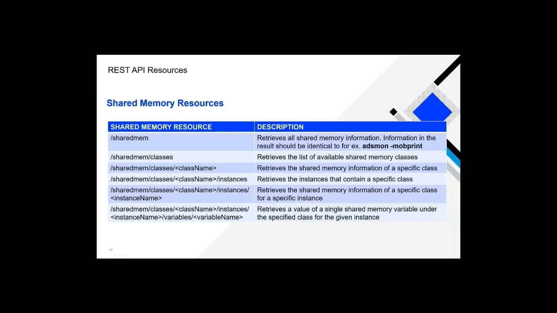Or if I want a single shared memory variable, I can specify the class name, instance name, and variable name. And then I will get a single shared memory variable back in the response. So basically anything I can do with adhmon today, I should be able to do from the REST API as well.